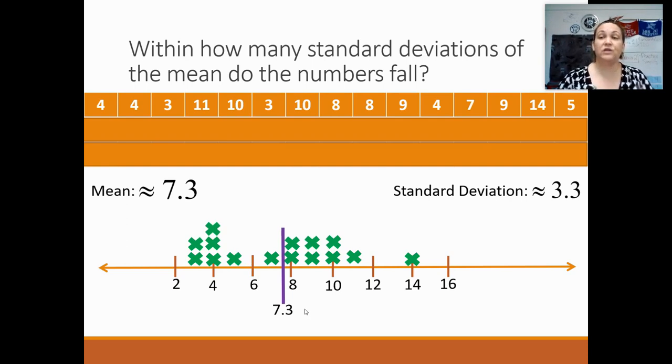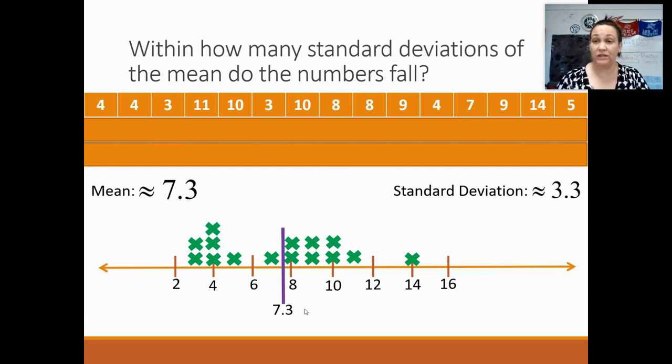Then we start at the mean, and we go out one standard deviation in each direction. So we'll be going to the right and to the left, one standard deviation each direction, so 3.3 spaces away. On my calculator I will do 7.3 plus 3.3.